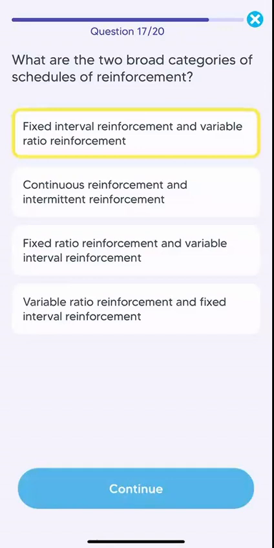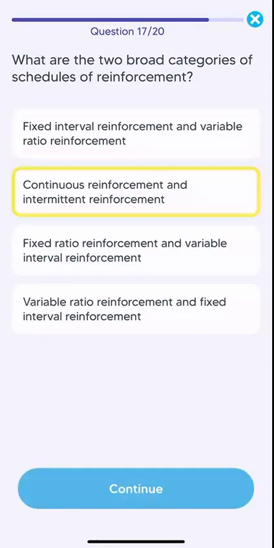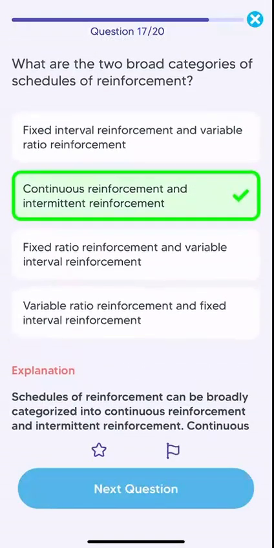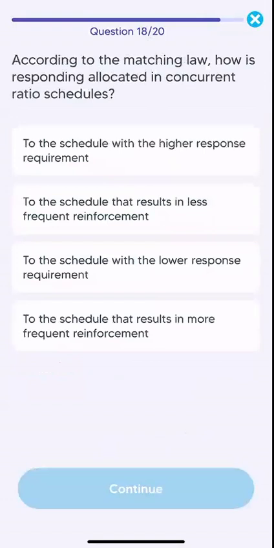No, fixed interval reinforcement and variable ratio. No. Continuous reinforcement and intermittent. Yes, this could be the answer. Okay. Correct? Yeah.